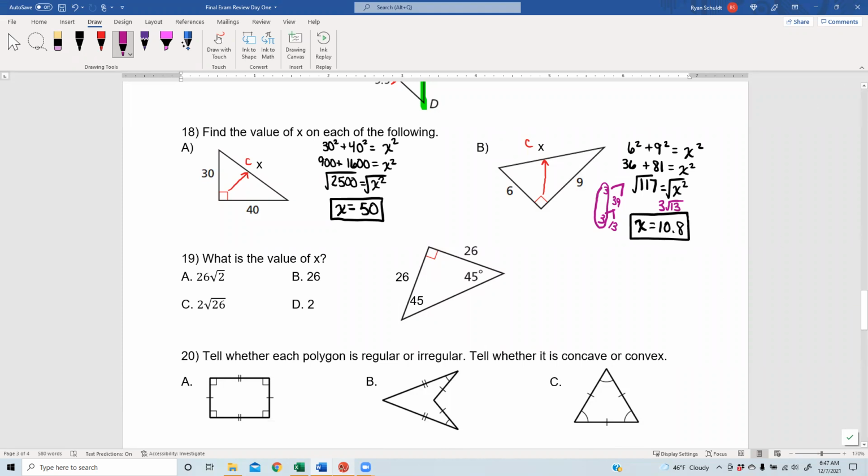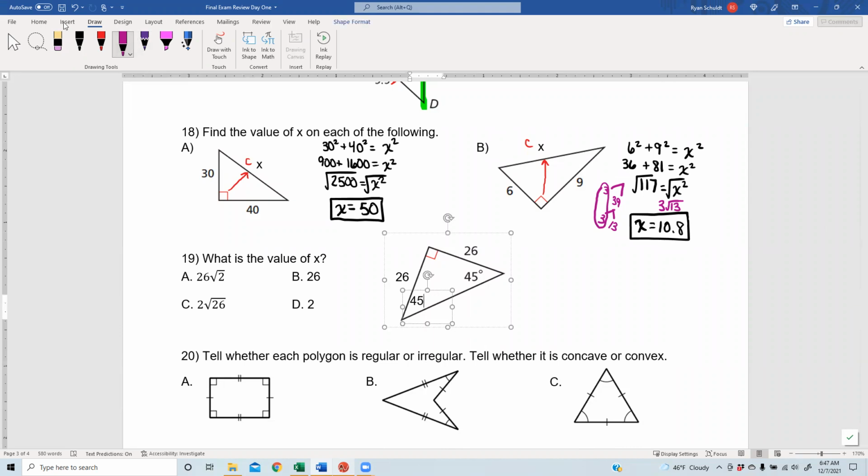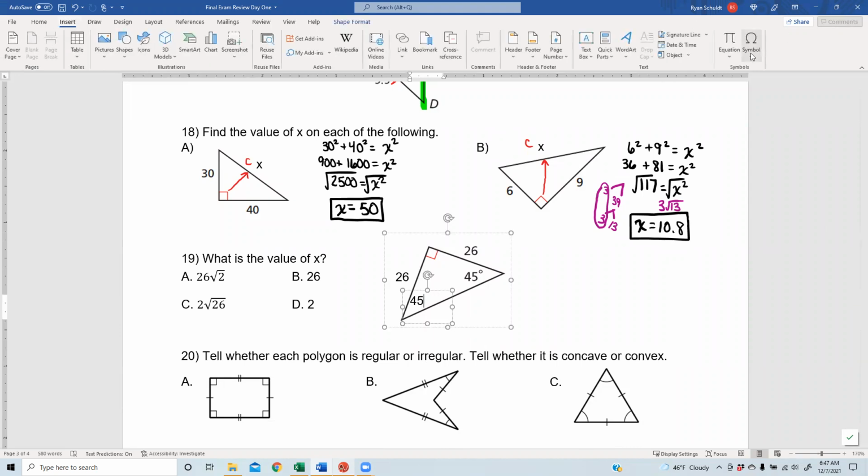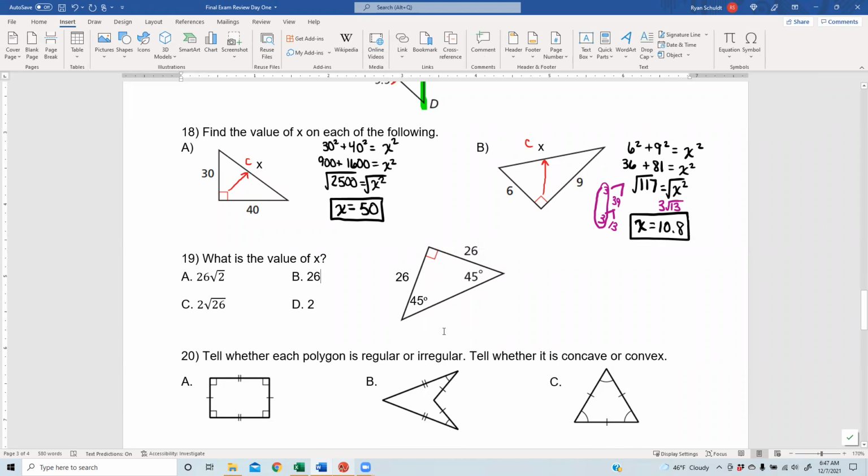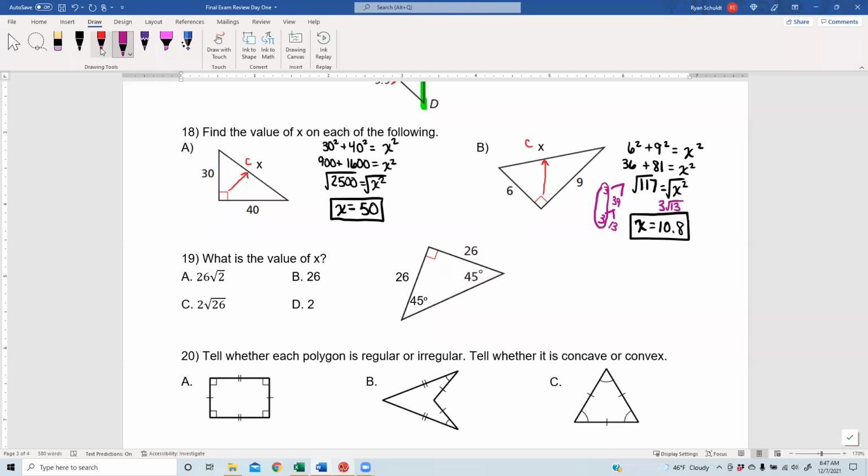Okay, number 19. Finding x. Degrees. Okay, we have a 45, 45, 90 special right triangle. They want us to find x, but they don't give us an x.